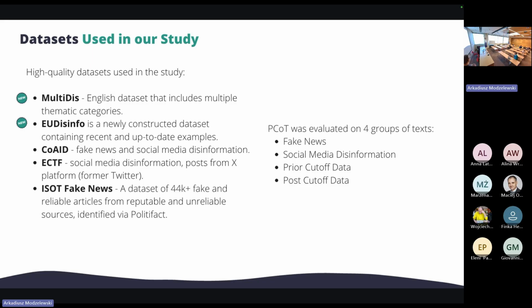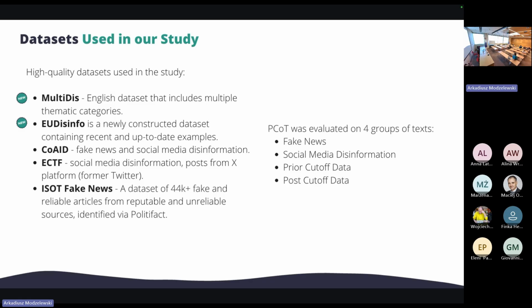I wanted to compare PCOT to baseline methods on 4 different groups of articles. The first one was to understand how PCOT works on fake news. The second, social media disinformation, and also to understand how PCOT works on prior cutoff data and post cutoff data.